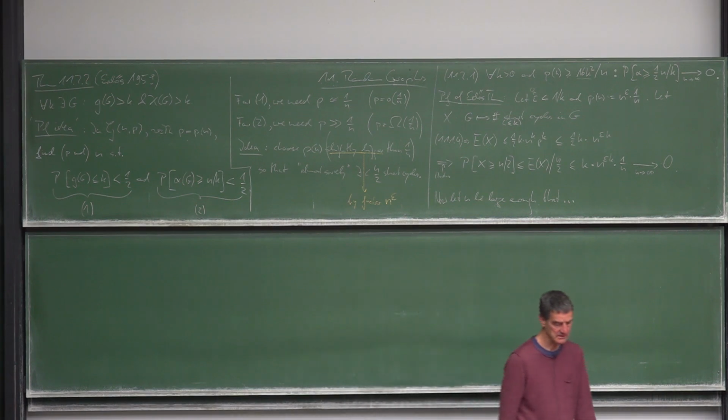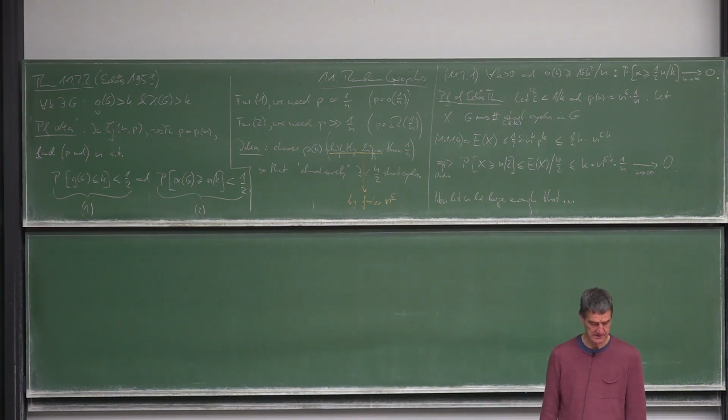Okay, so we want the probability that the number of cycles is at least half n to be small.